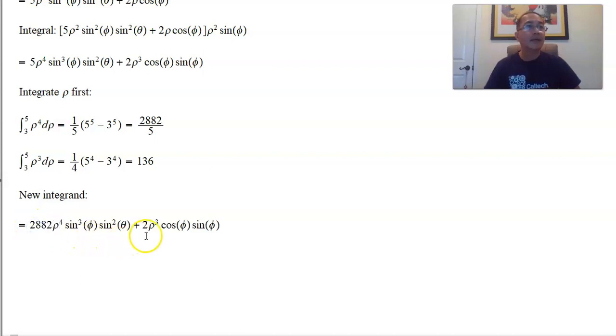I did not see that coming. And then we multiply this. So we erase the rho to the 4, and then we erase rho cubed, so 13 times 26, 272. Is that right? 272.